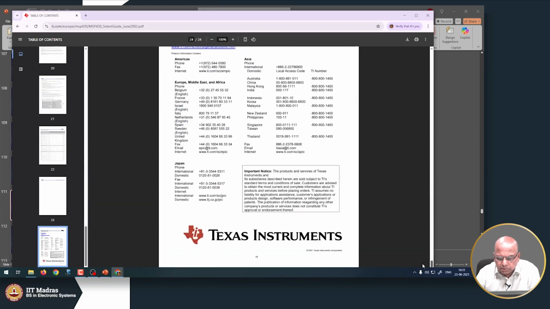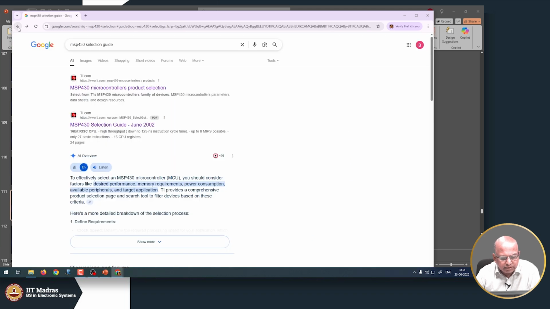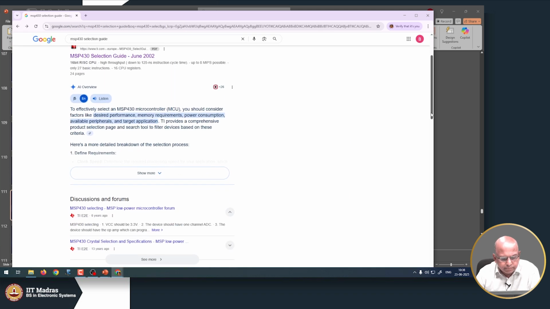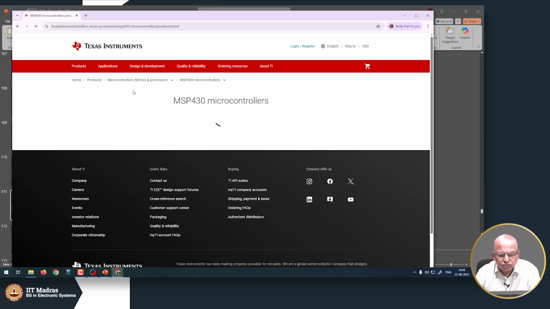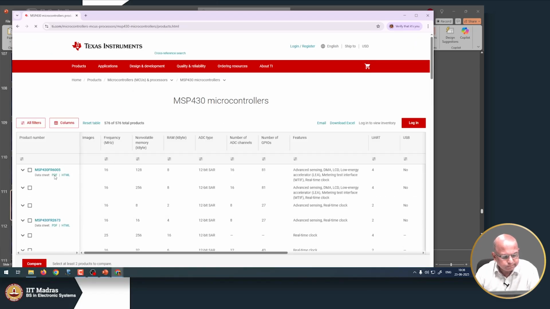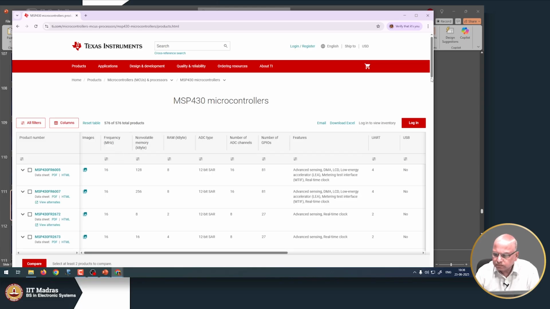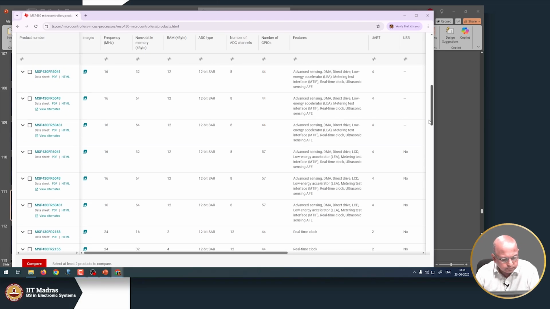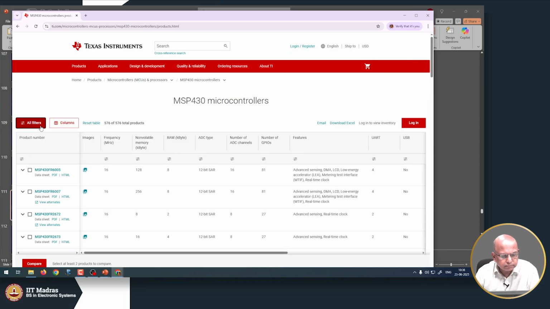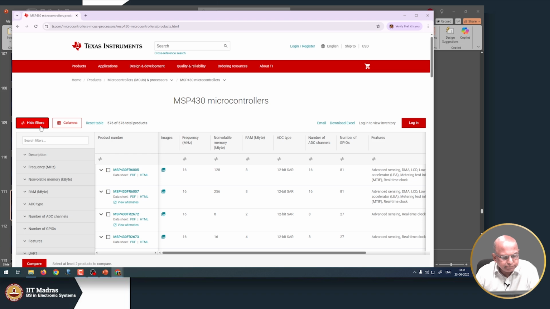Let me try to show you some MSP 430 which has op amps, etc. So, if you use this filter, you may be able to say I want only those MSP 430s which have a specific type of ADC.